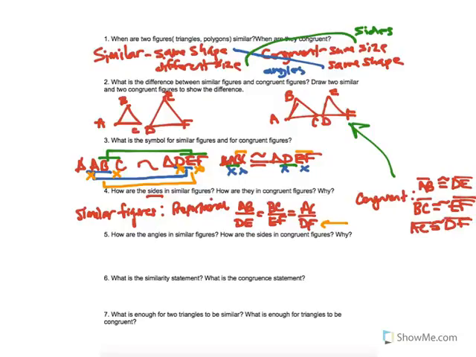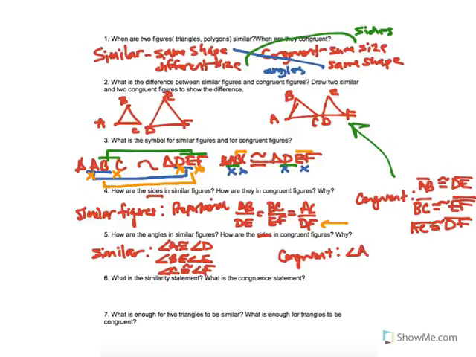Number 5, how are the angles in similar figures? How are the angles in congruent figures? Remember, in similar figures, all of the angles are congruent. So we look at the similarity statement to find our corresponding angles. Angle A is congruent to angle D, angle B is congruent to angle E, and angle C is congruent to angle F. In congruent figures, same deal.